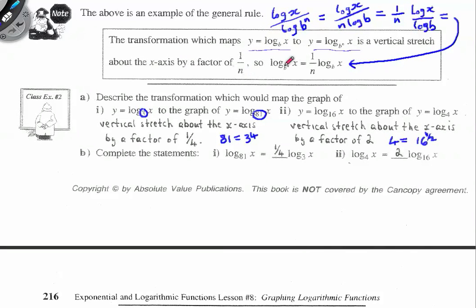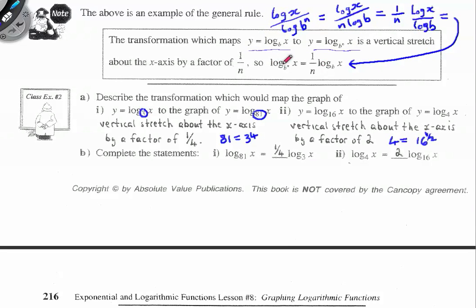So let's look at these two equations then. In other words, log x base b to the n is equal to 1 over n log x base b, because they're related by a vertical stretch about the x-axis. And so this 1 over n is the vertical stretch factor.